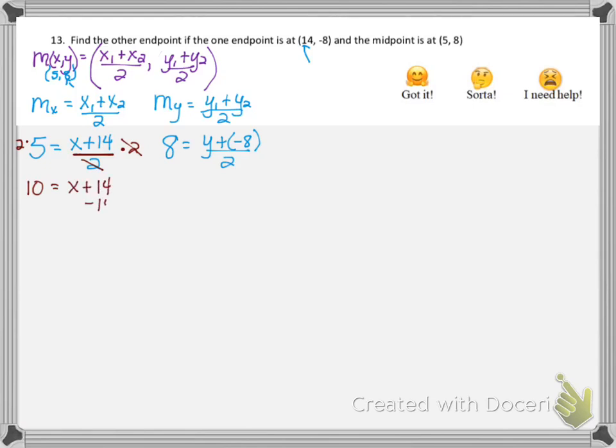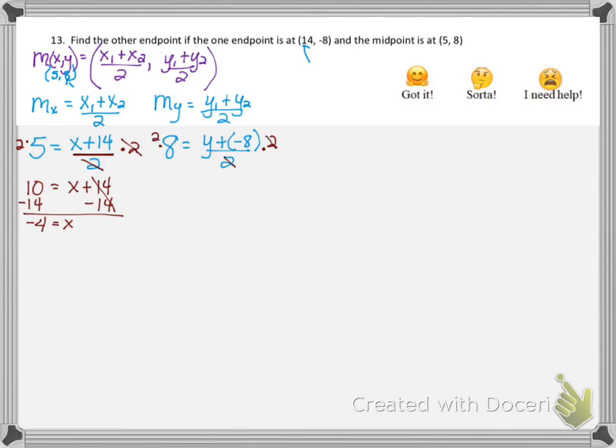We subtract 14 on both sides. And 10 minus 14 is negative 4. And so our x coordinate is going to be negative 4. Let's look over here on the other side. So we've got to unlock this one as well.